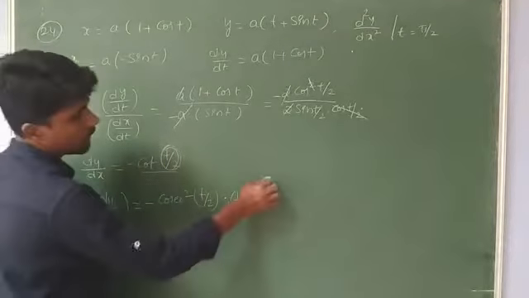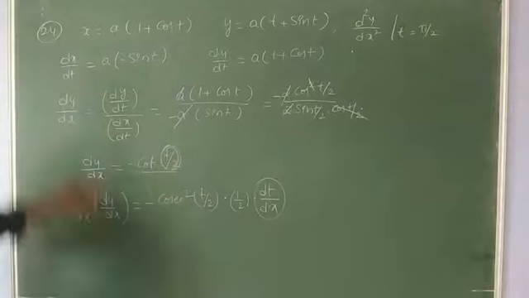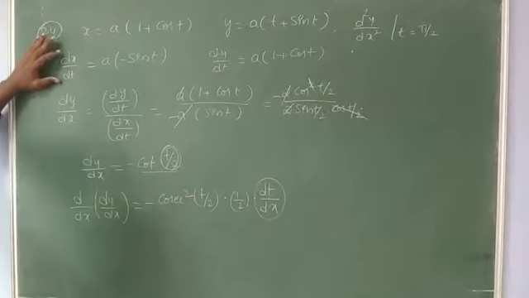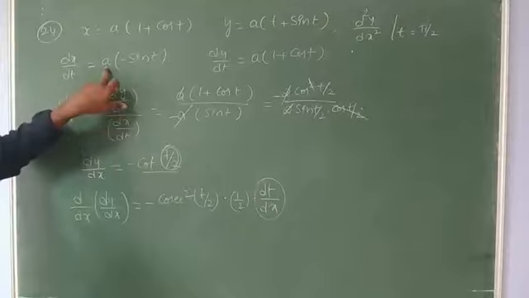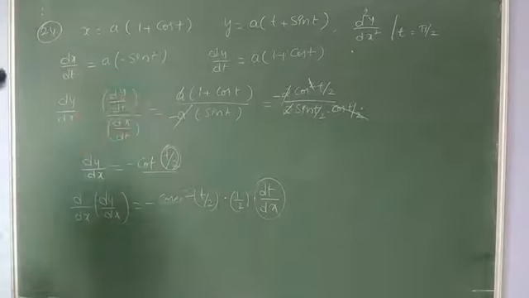Now we know dt by dx. Actually we know dx by dt. What is dx by dt? Minus a sin t. Put it there.